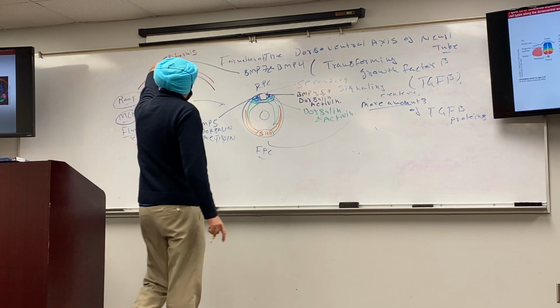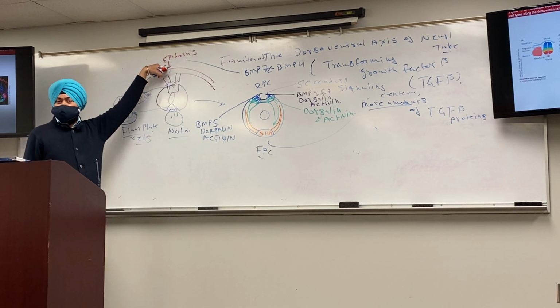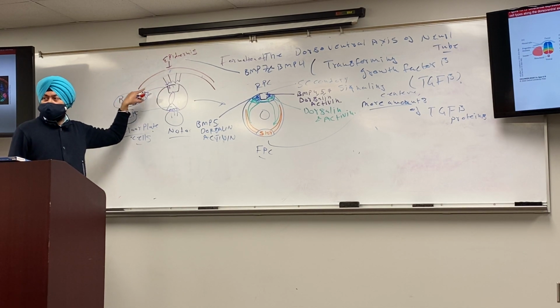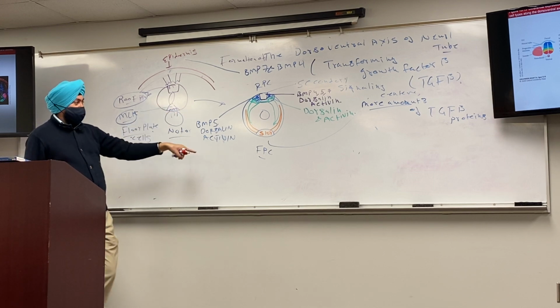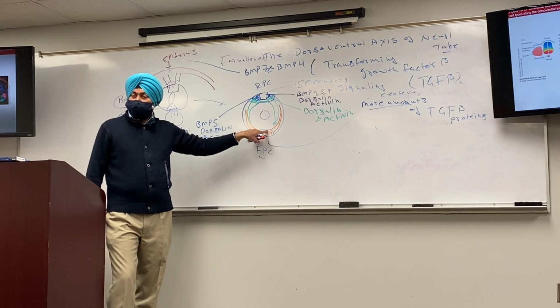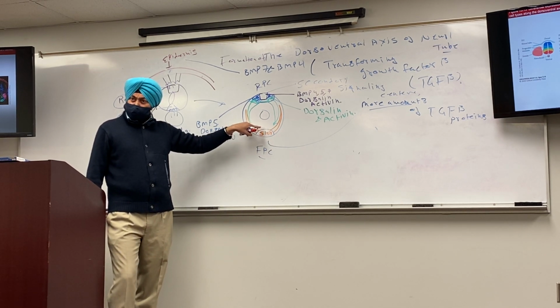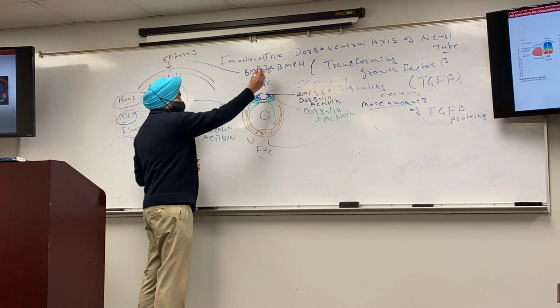So what is happening? Because of the epidermal BMP4 and 7, a new signaling center was created at the roof plate. Because of notochord-secreted sonic hedgehog, a new signaling center was created in the floor plate. The floor plate secretes sonic hedgehog, more near the ventral side, and then you have a gradient.